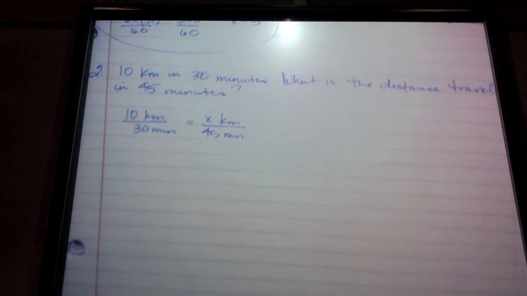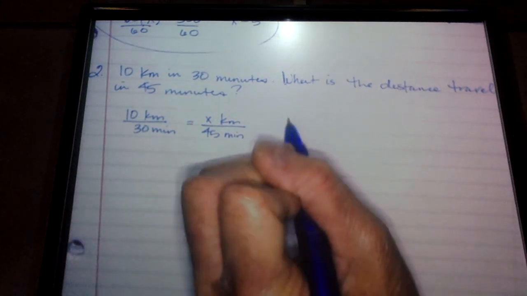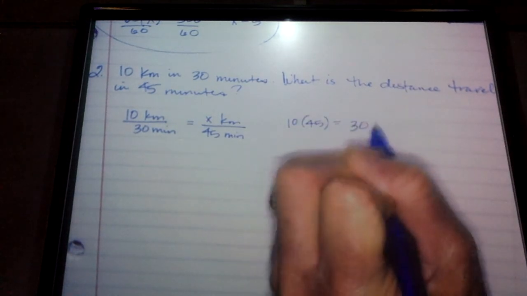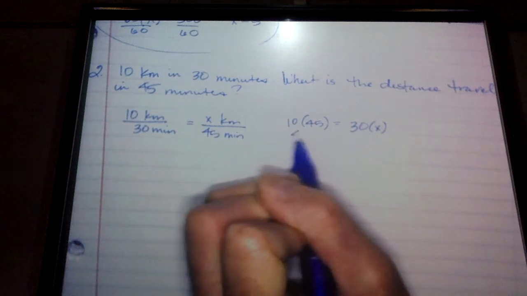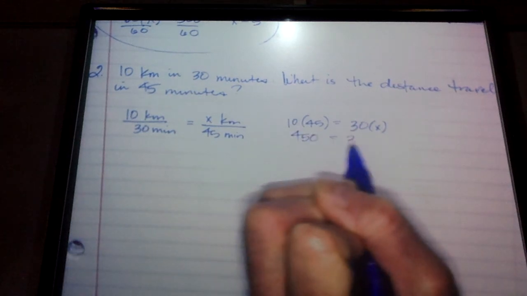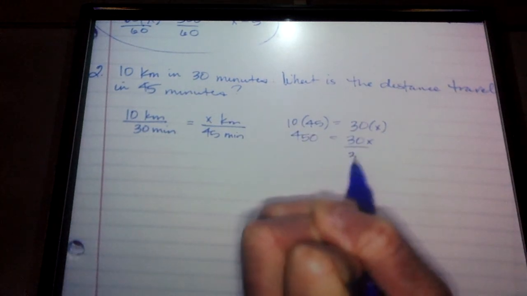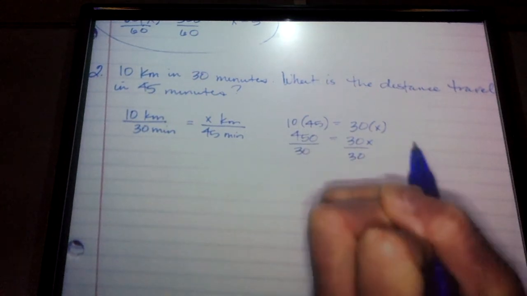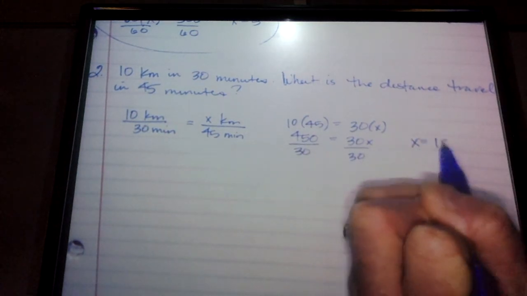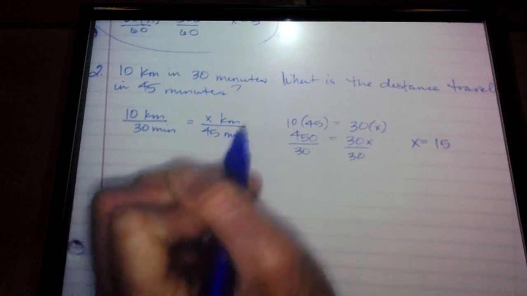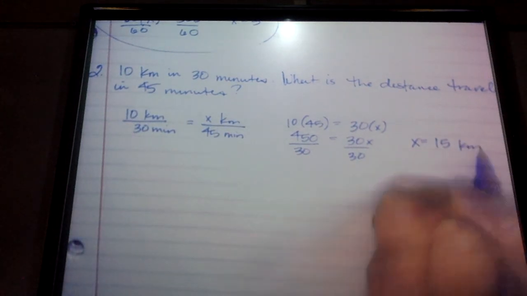To solve that, I would cross multiply. So 10 times 45 equals 30 times x. This would be 450 equals 30x. Divide by 30. And I got x equals 15. And notice I'm missing units, so 15 kilometers, right?